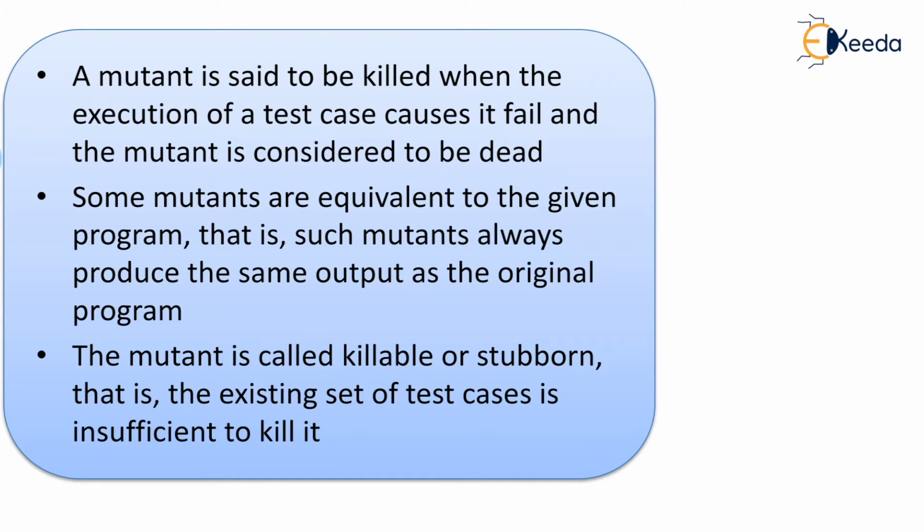When the test cases cause the mutants to fail, that means we have proved that the change we made is wrong, so correct it to the original one, and the mutant we created is considered dead.